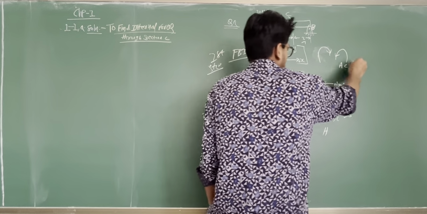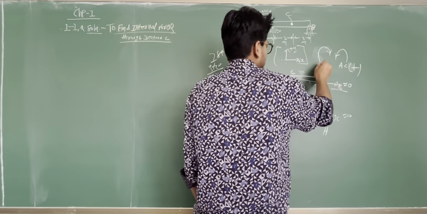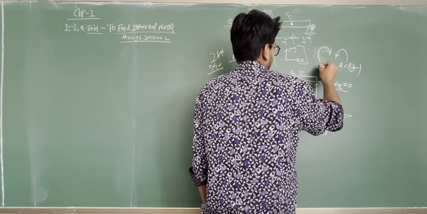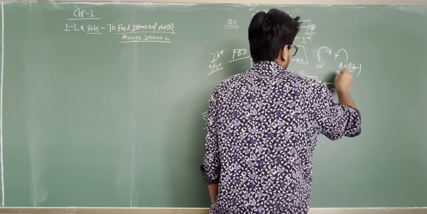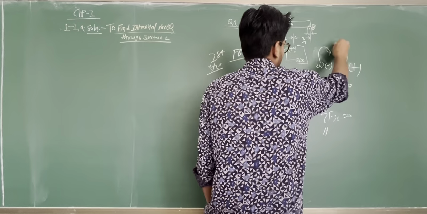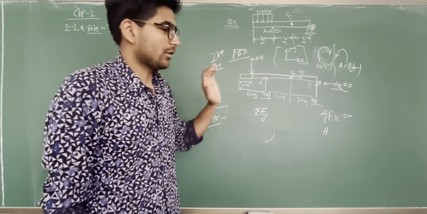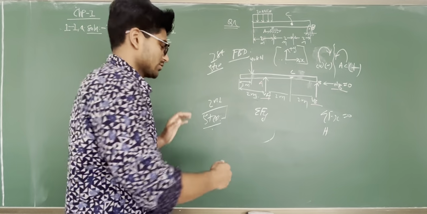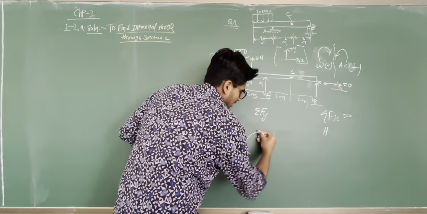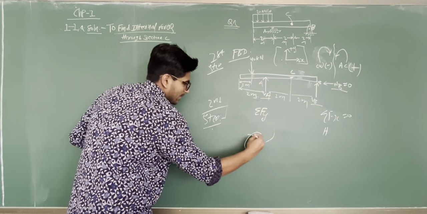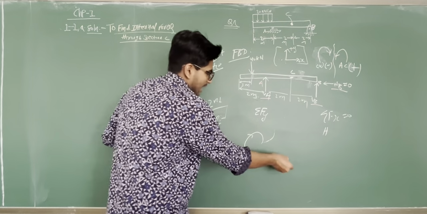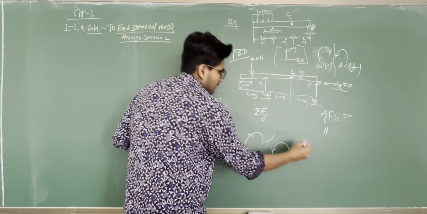For anti-clockwise, I am taking plus. For clockwise, I am taking minus. So you have to understand this one. Clockwise means this, clockwise means this. So clockwise is minus, anti-clockwise is plus.